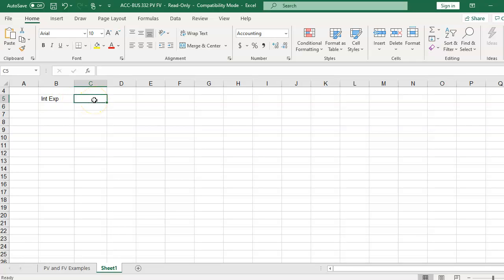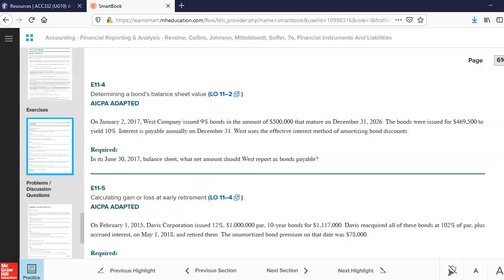I take the 469.5, the amount we issued the bond at, multiply that by the 10%, and divide that by 2 to calculate half the year. I get 23,475. So 469.5 times the yield of 10% divided by 2.